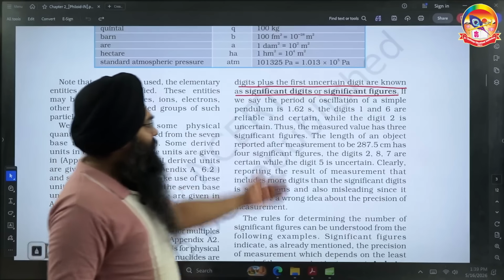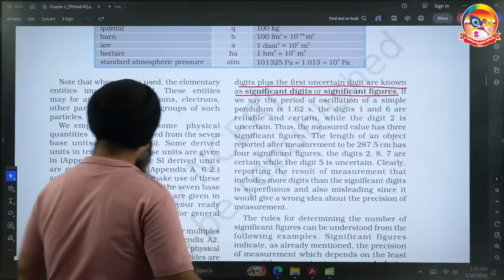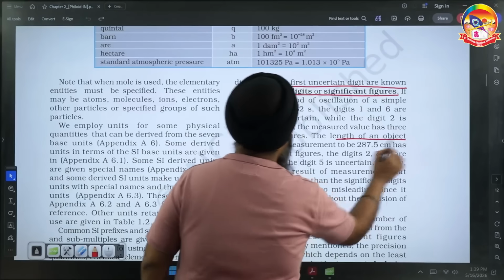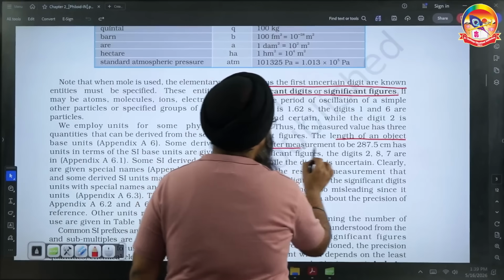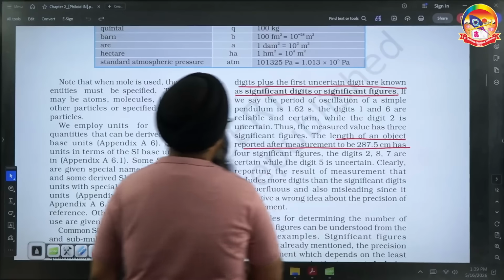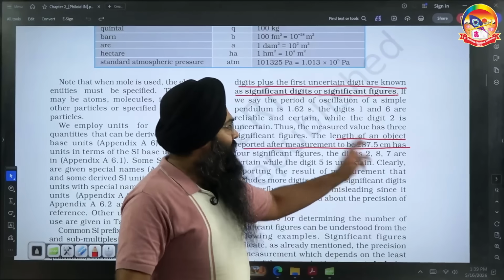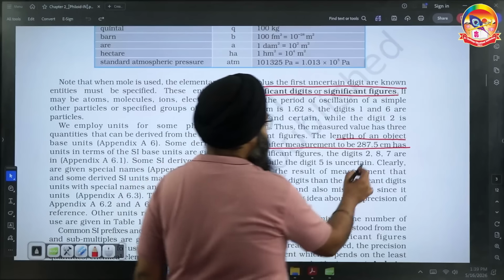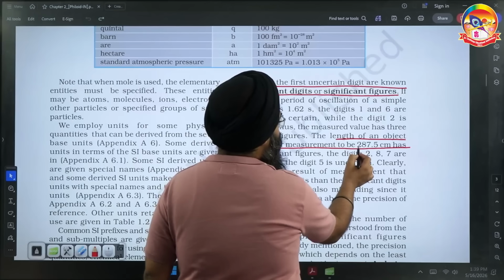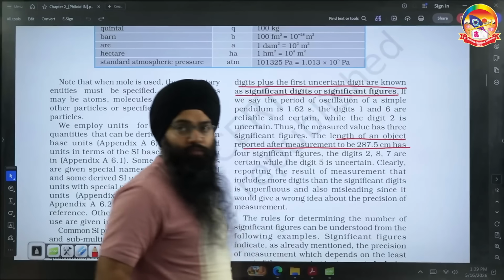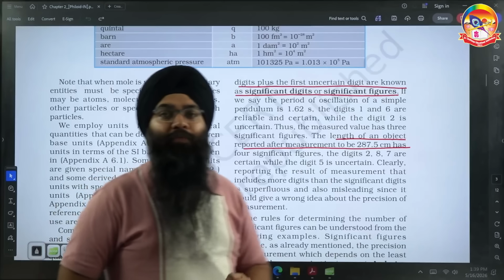Some examples are given. Suppose the length of an object is reported after measurement to be 287.5 centimeter. What will be the significant digits in this? It will be 2, 8, 7 and 5. So there will be 4 significant digits.